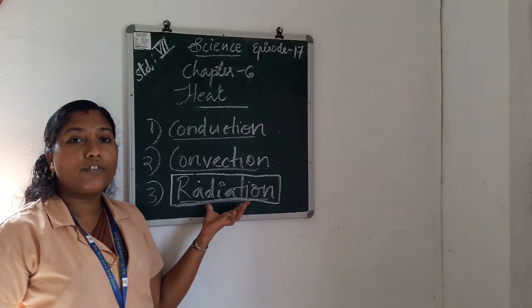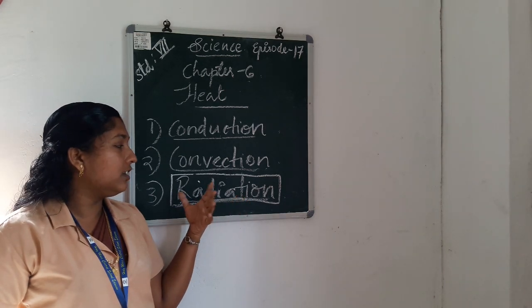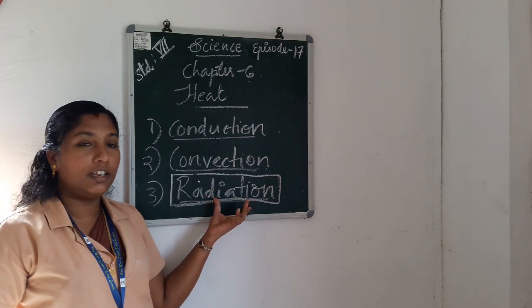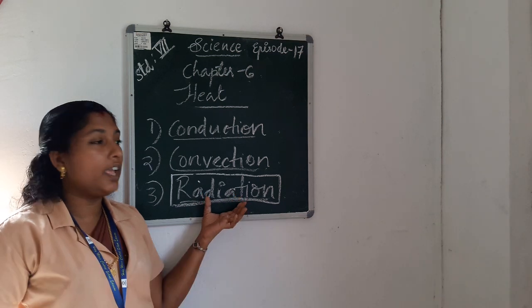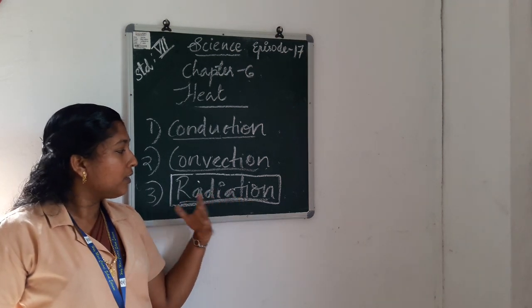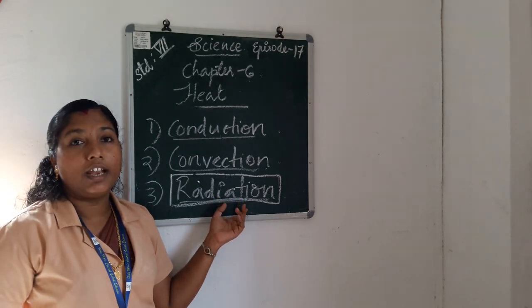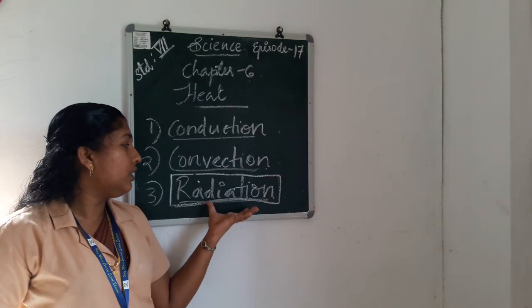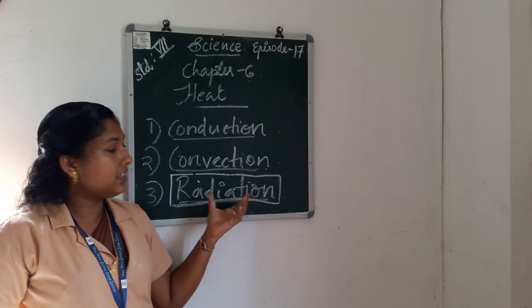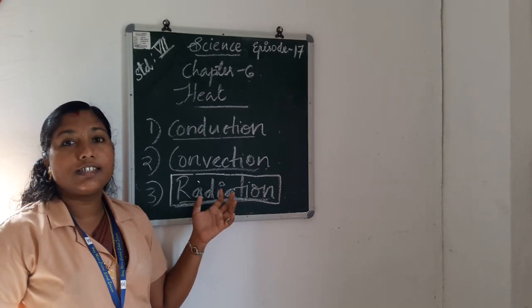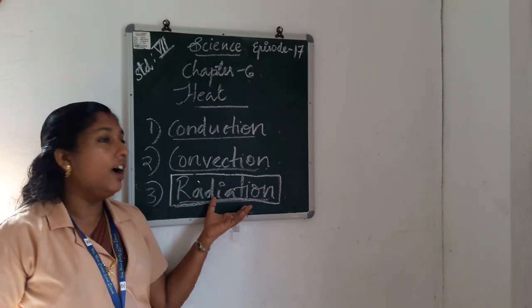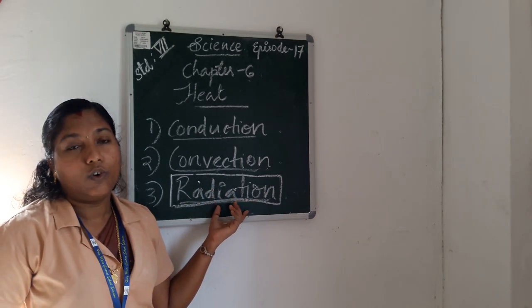Radiation is a mode of transfer of heat energy from a hot body to a cold body without any medium between them. For example, the sun's heat reaches the earth through radiation. All of you understood?